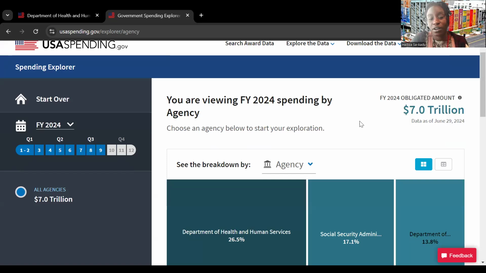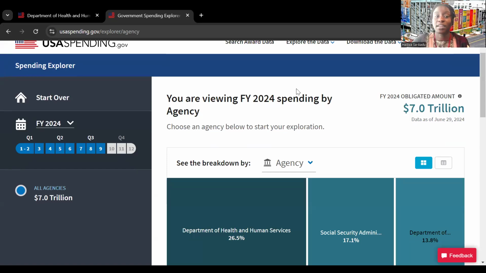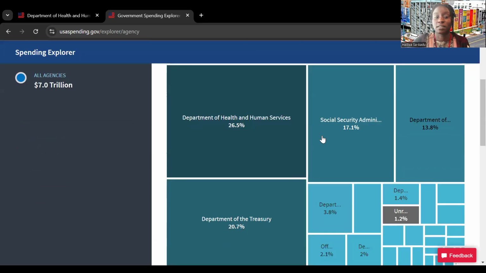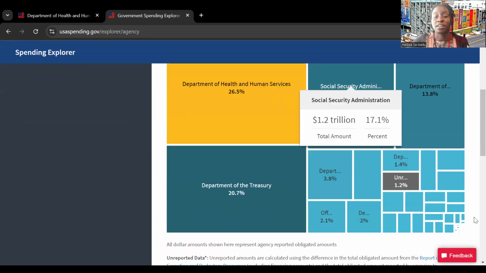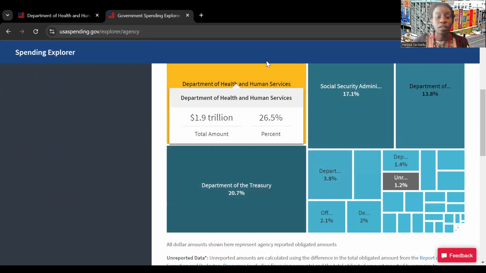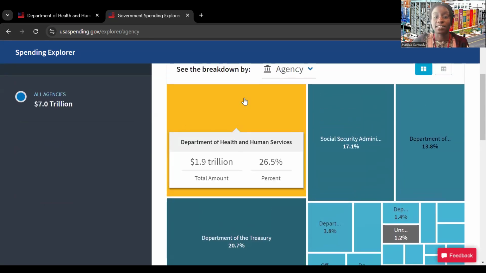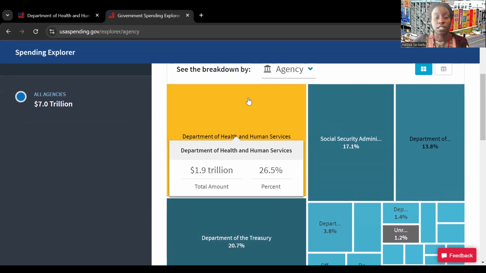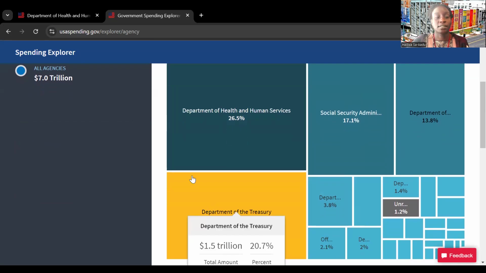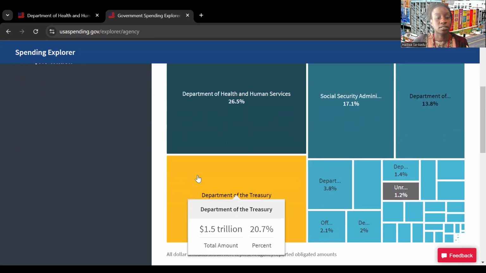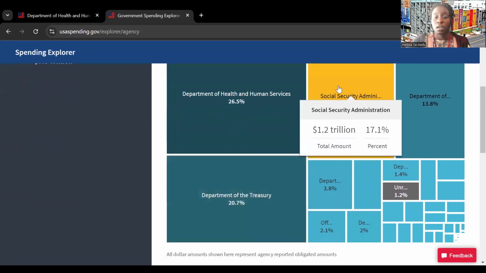All right, so what we're looking at here is drill down by agency. We see that we've got the Department of Health and Human Services as the agency that takes up the most of the federal budget at $1.9 trillion. Then we've got the Department of Treasury, which takes up $1.5 trillion of the budget. And then Social Security Administration, still in the trillions here.